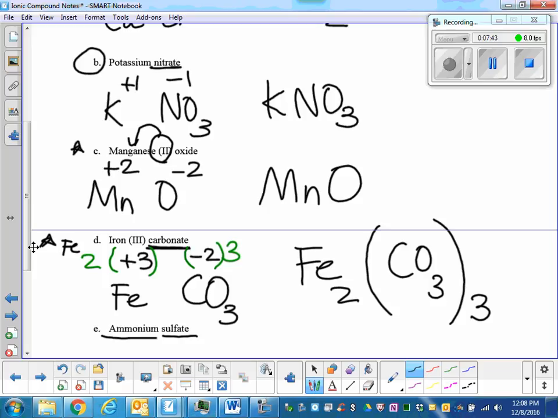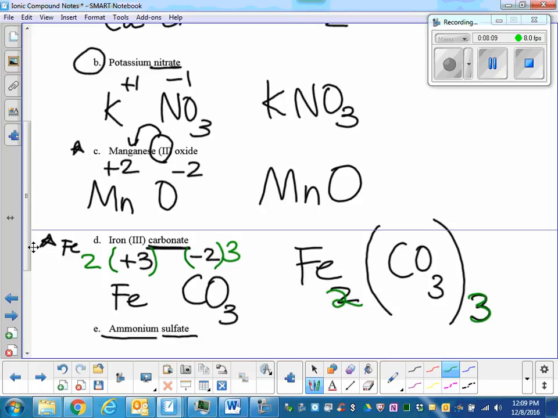Do I need 3 of those? Please pay attention, guys. So I needed 2 of iron. I need 3 of carbonate. The carbonate already has a 3. Is the 3 coming from a number that I need? Does that make sense?